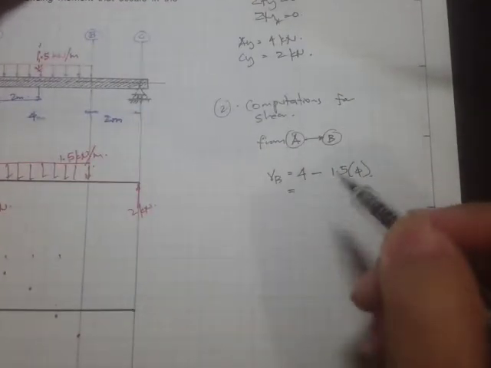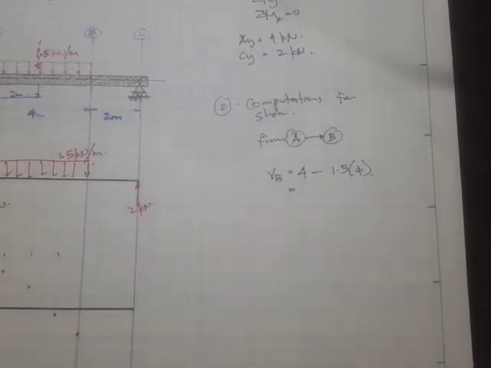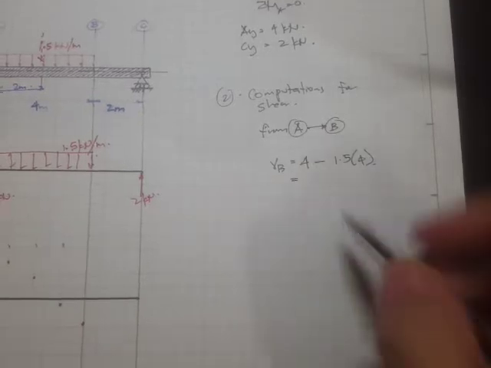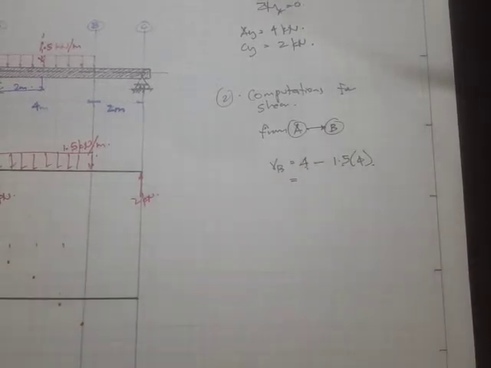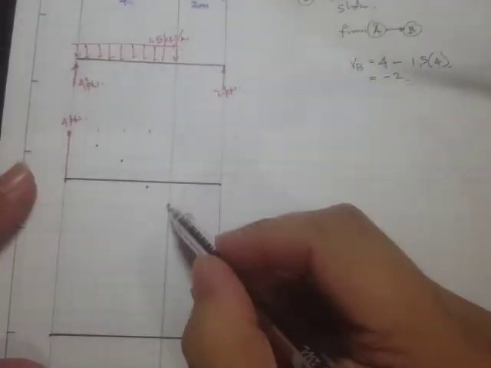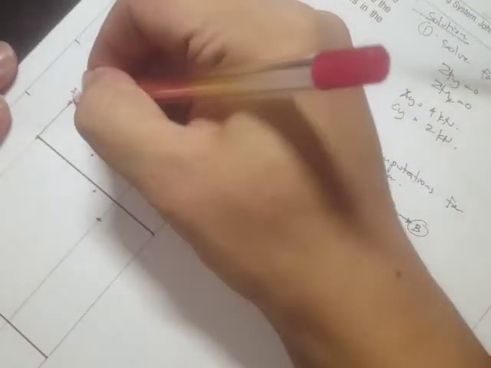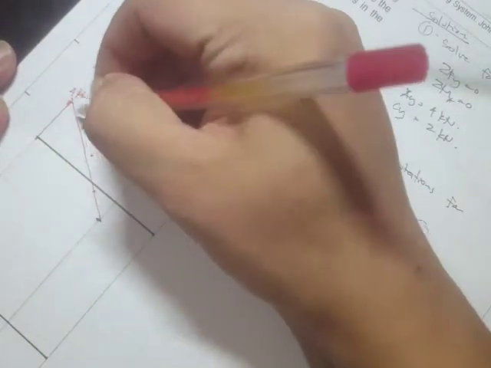So if you want this in equation form, this is also possible. And this will be 4 minus 6. This will be negative 2. Right, so right here at point B, we have a negative 2 value. Right, so this is going to be linear.